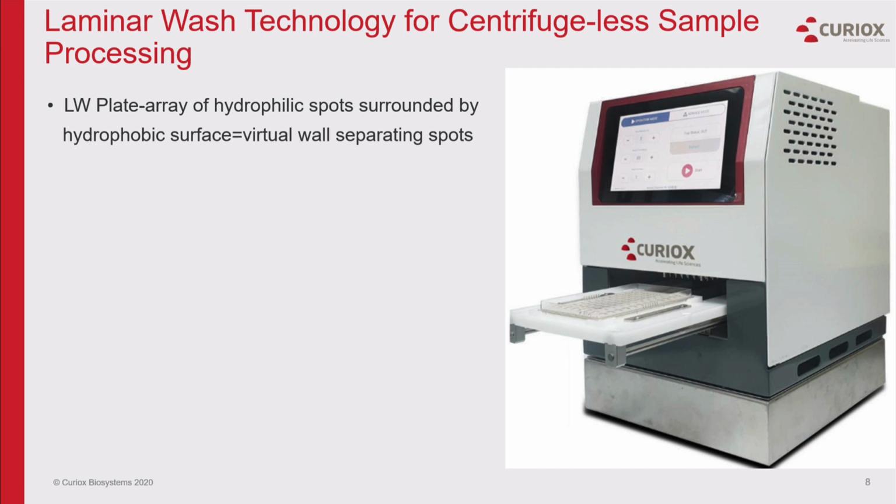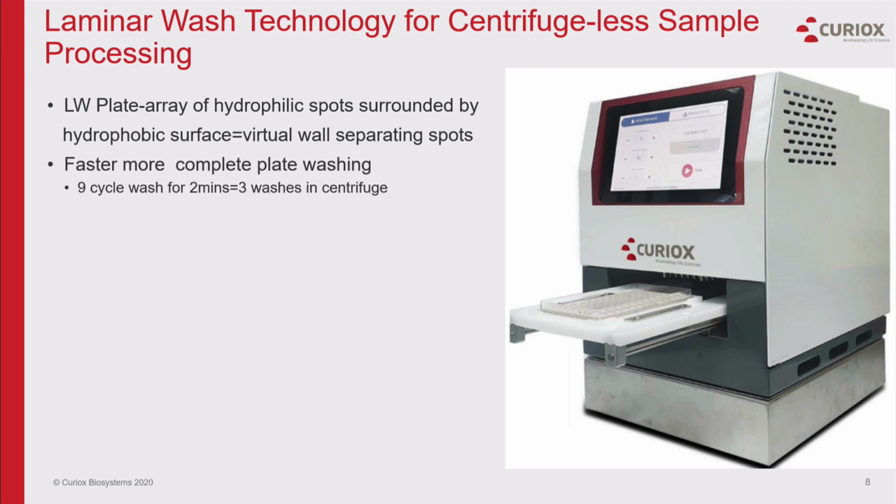The laminar wash plate is an array of hydrophilic spots that are surrounded by a hydrophobic surface. And what this creates is a virtual wall that separates the spots. So instead of having a traditional walled plate like we're used to working with, these show virtual walls. And I'll give you a view of this in a moment.